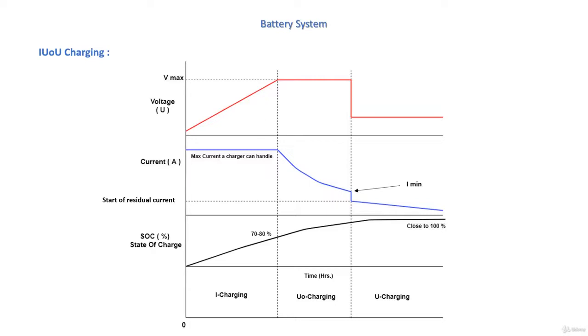Third stage is U phase. When you connect the charger for a long time or weeks, the voltage of the batteries drops to a safe value that doesn't reduce the lifetime of a battery and also could be connected on a charger for weeks. And also, a very small current is applied by the charger.